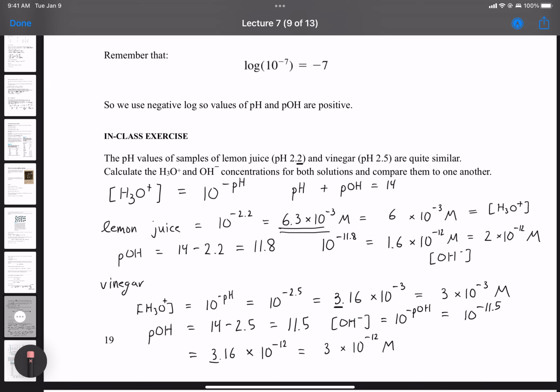Let's see here: 3.16e to the negative third times 3.16e to the negative 12.